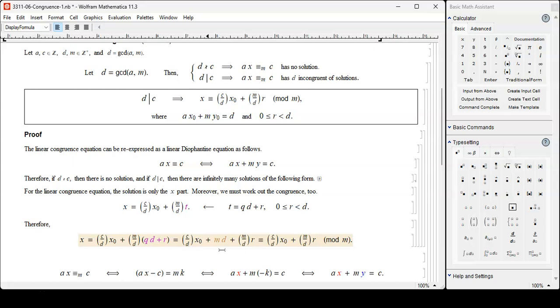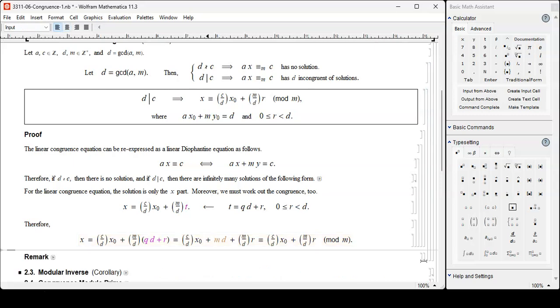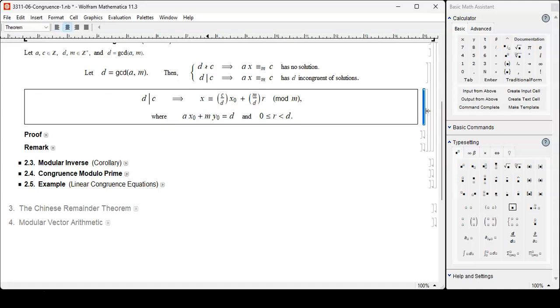And finally, md is congruent to 0 modulo m. So that drops out. Voila, we have our conclusion: C over d x0 plus m over d r. So that concludes the proof.